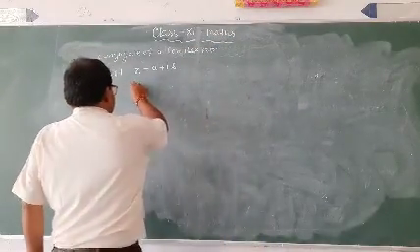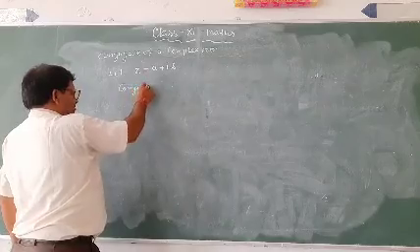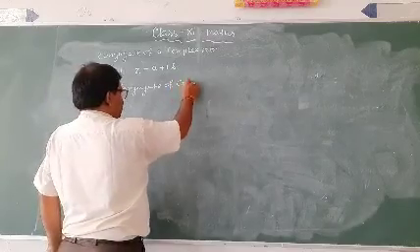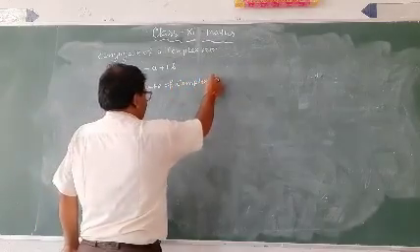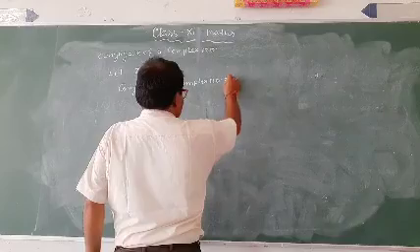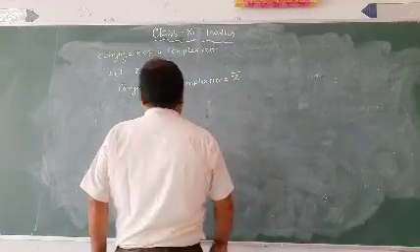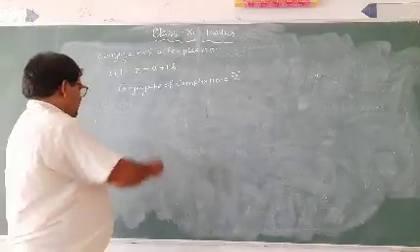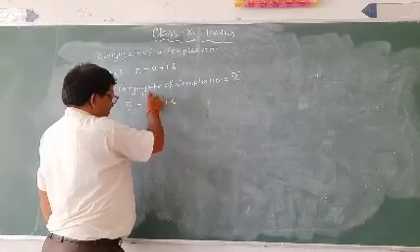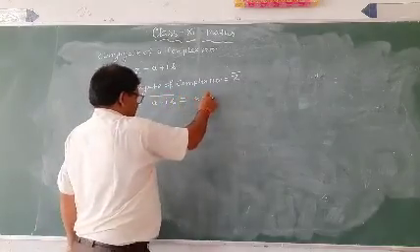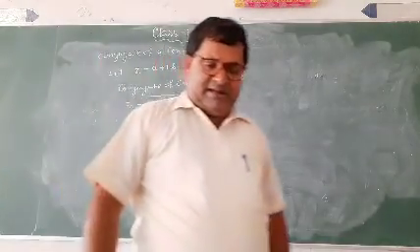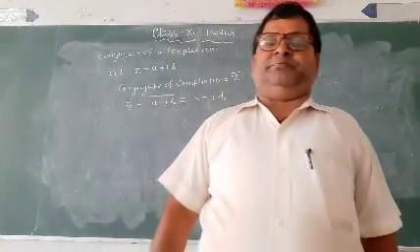Then the conjugate of a complex number is denoted by z bar, and z bar is equal to the bar of a plus ib, and it can be written as a minus ib.